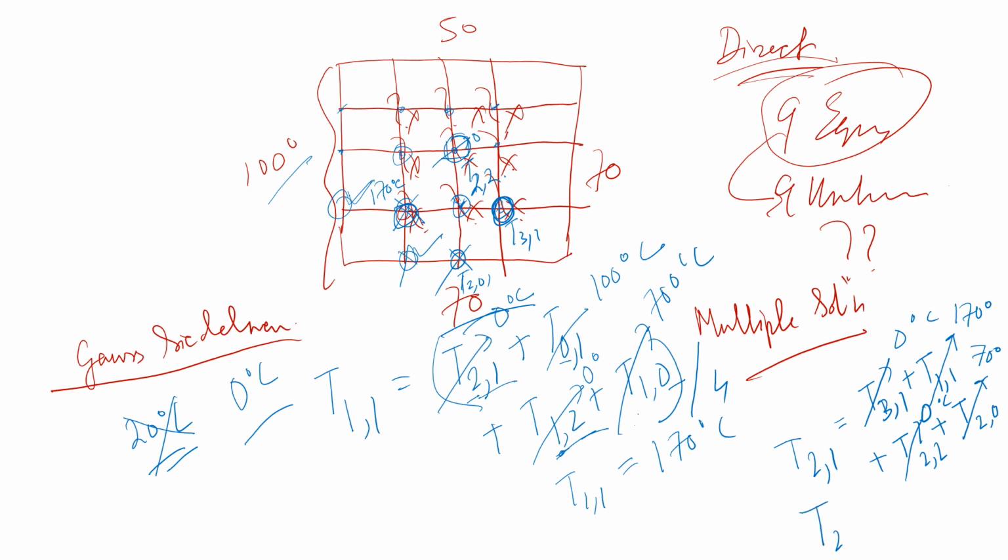So if we sum up, T11 will be 170 by 4. So here also we have to use 170 by 4. So T21 will be 0 plus 0, plus 170 degrees by 4, plus 70 degrees, all through the division by 4.